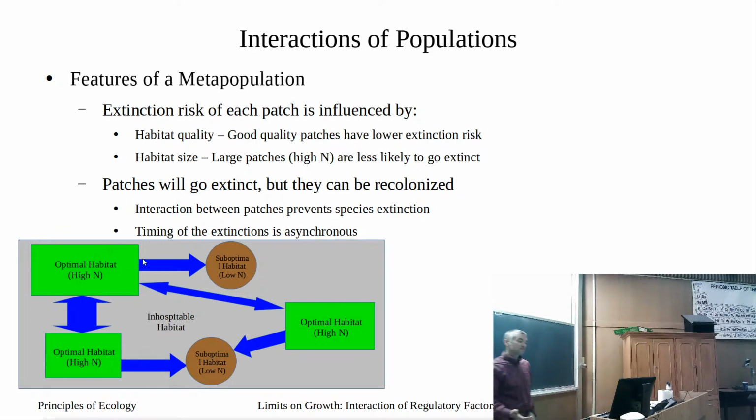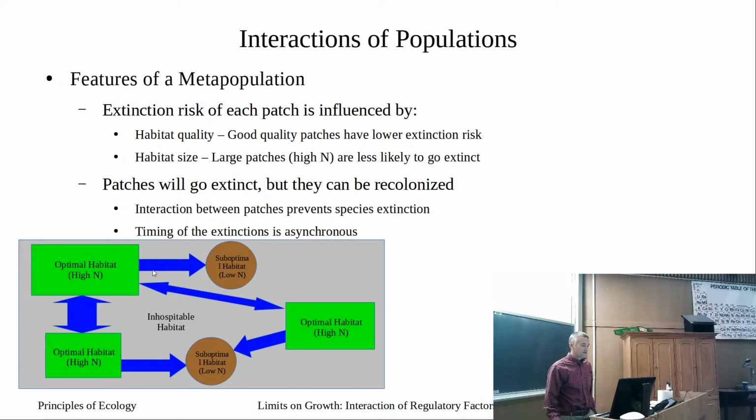And it has to have that possibility, because if it didn't, then we're not dealing with a metapopulation. So when these things go extinct, then we have to rely on populations from other patches to disperse and rescue our patch. Basically recolonize it, establish a new population.